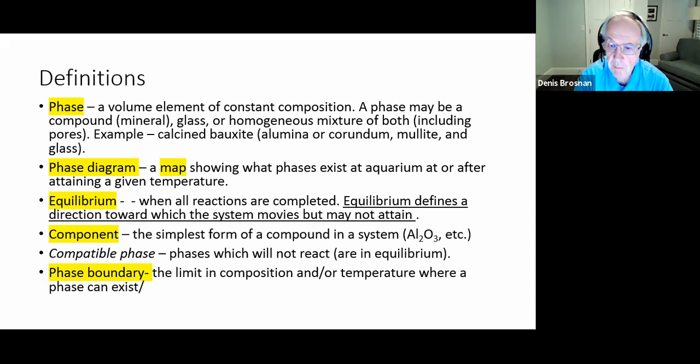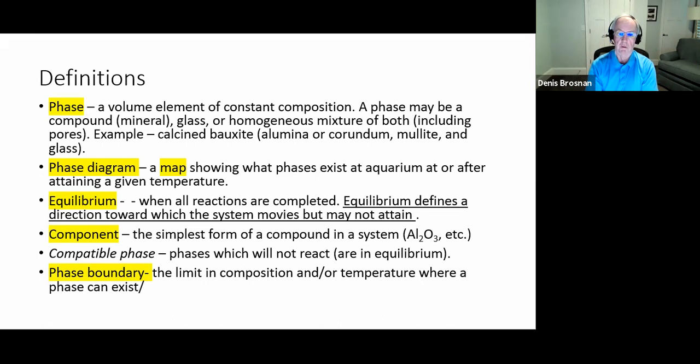Now, a phase diagram is just a map, as I mentioned, of phases at equilibrium at or after attaining a given temperature. A phase diagram is pretty much a theoretical situation because most ceramic compositions don't always achieve equilibrium.